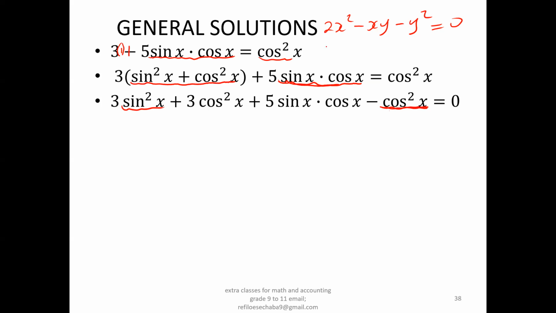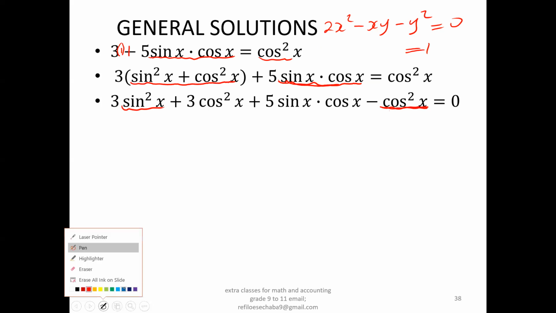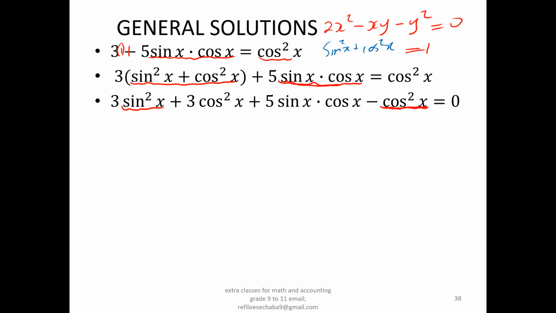According to identities, what is 1 equal to? Sin squared x plus cos squared x. Do you see where I got that? Sin squared x plus cos squared x.